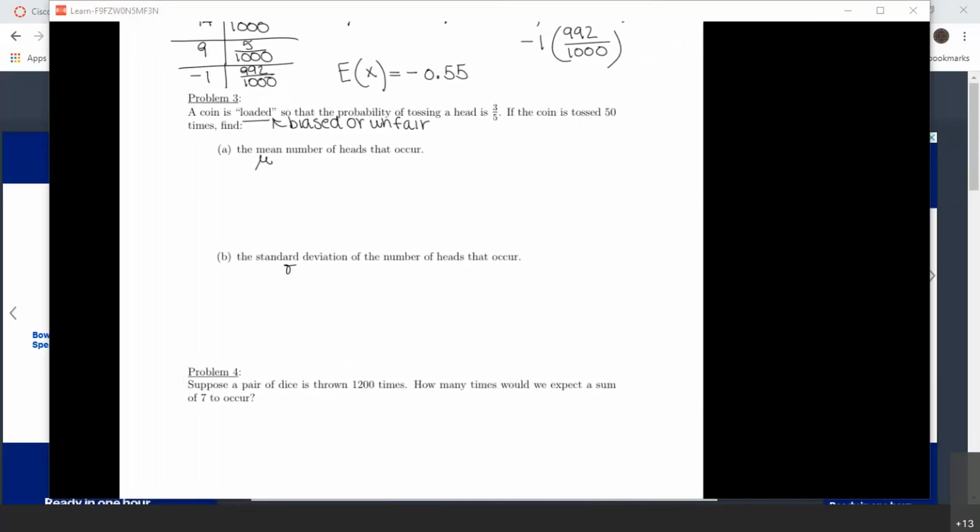So the first thing I have to figure out is what sort of probability distribution I should use here. What probability distribution will model this situation and why? Anybody have any ideas?